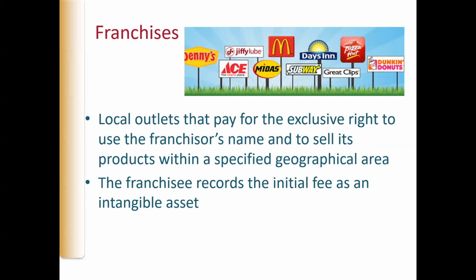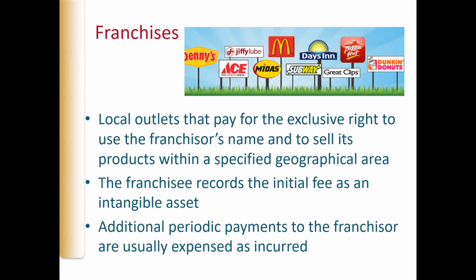Basically, the franchisee will record the initial fee as an intangible asset. But then any additional payments that are paid to the franchisor throughout the life are usually expensed as they're incurred. They're usually annual costs to pay them a portion of the sales.